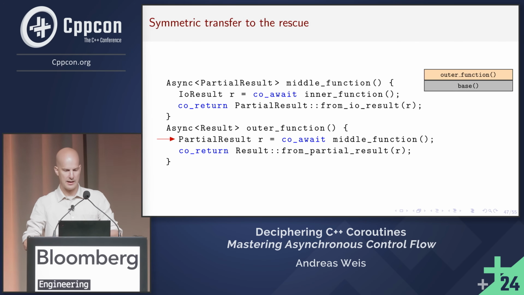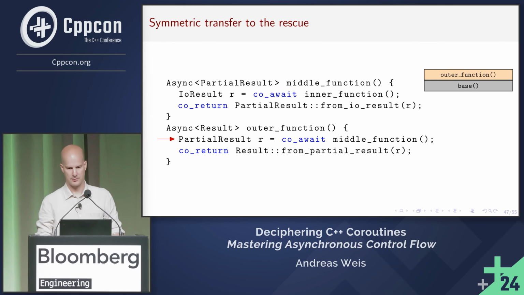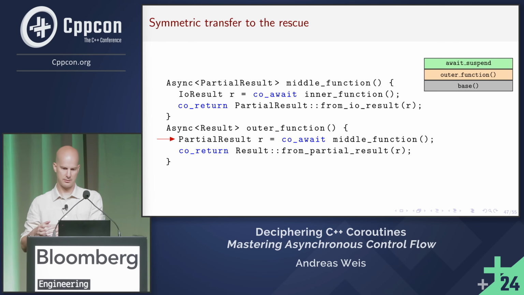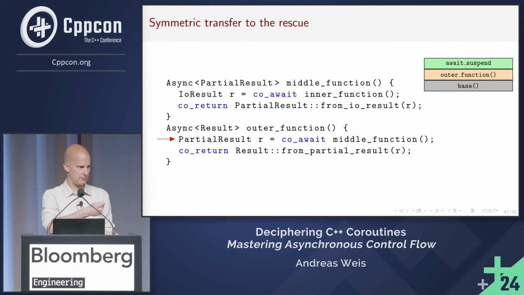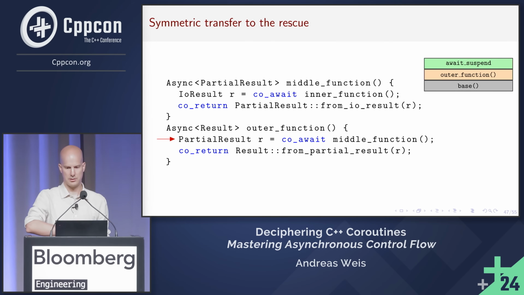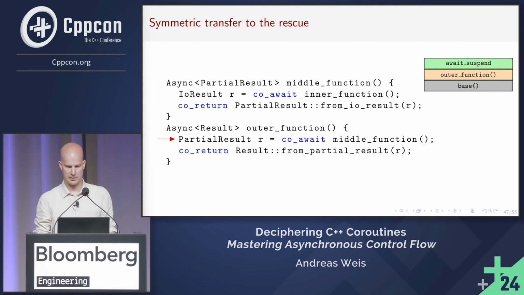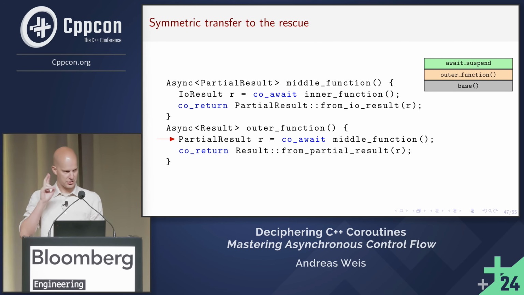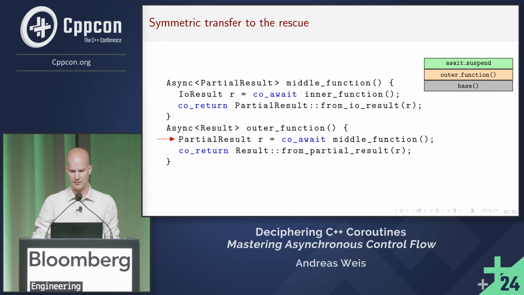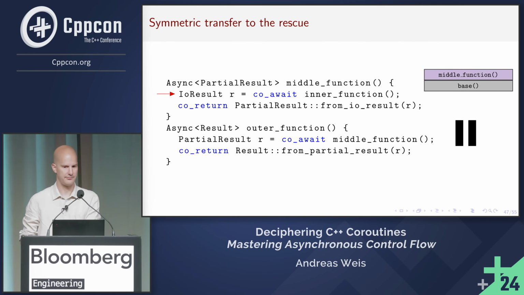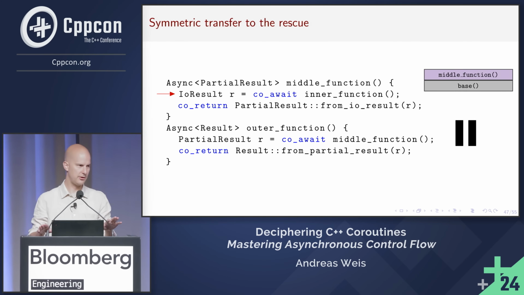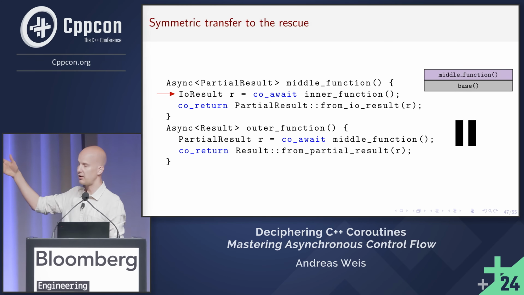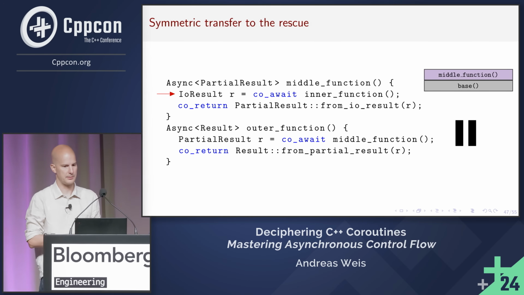Now, as the outer function wakes up, it calls await suspend on the awaitable that it awaited on, which is the one that was handed to it by the middle function. And now the middle function, through this symmetric transfer trick that we saw earlier, just resumes itself. So now the outer function is suspended, and the middle function takes its place on the call stack.